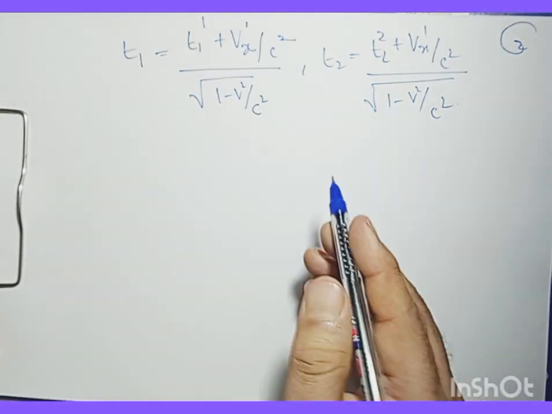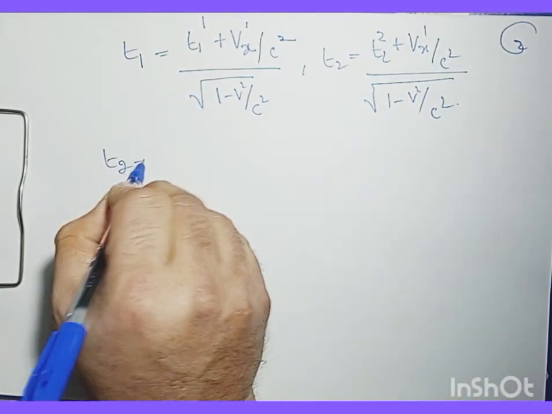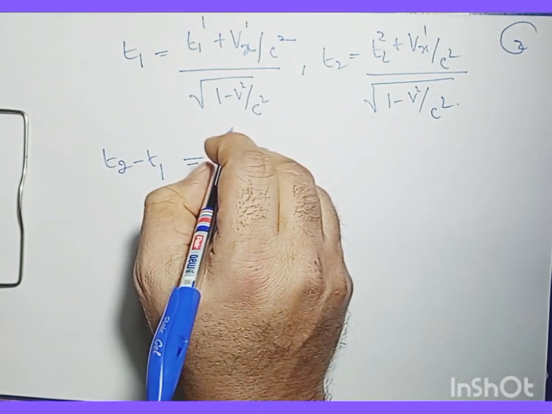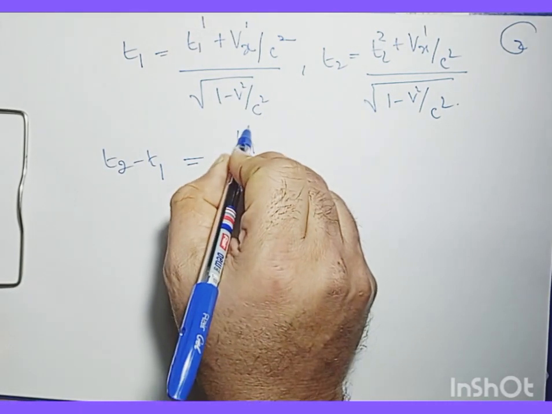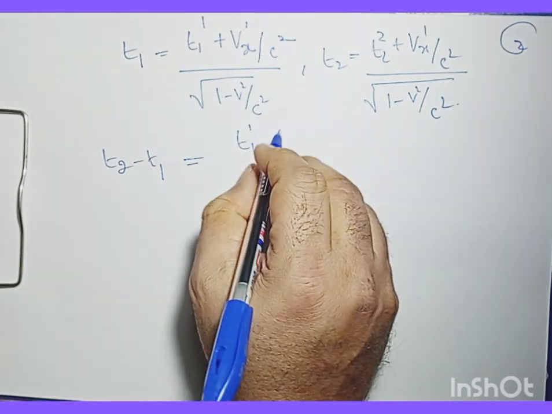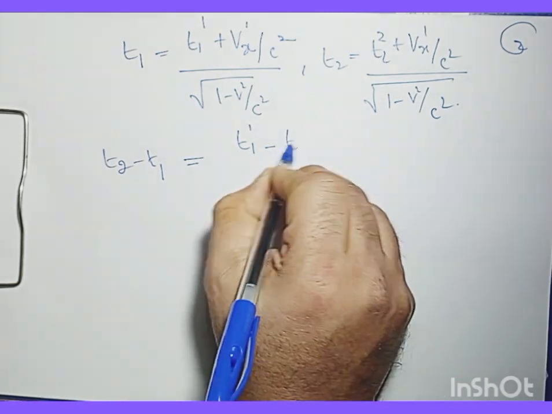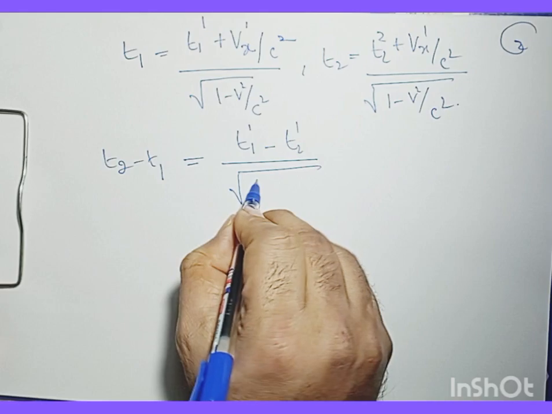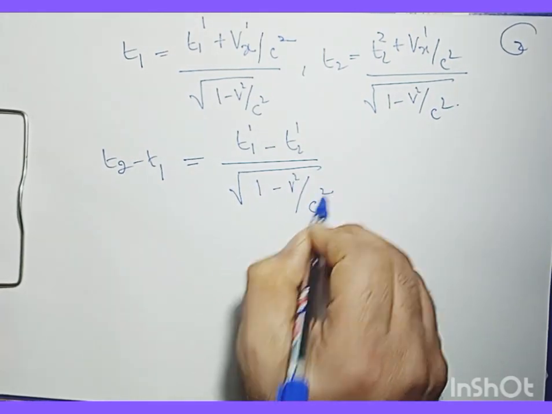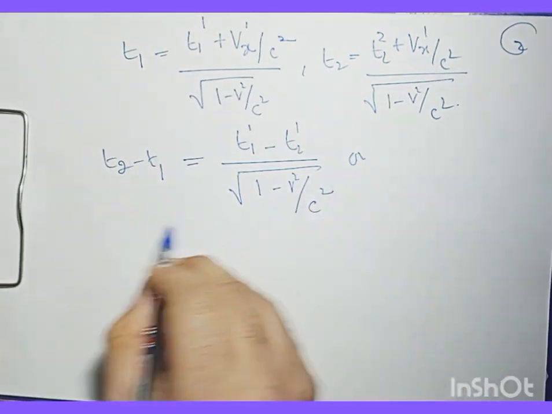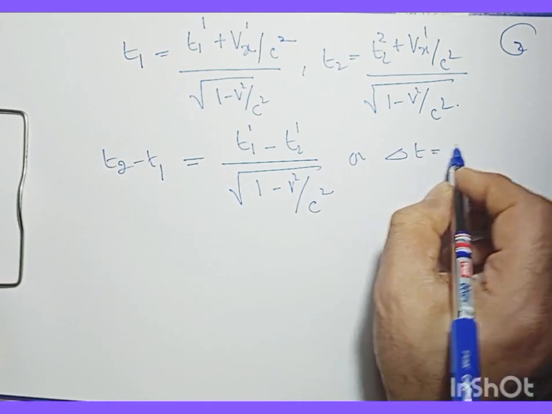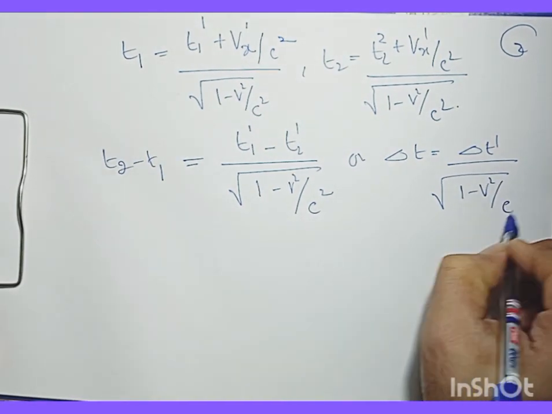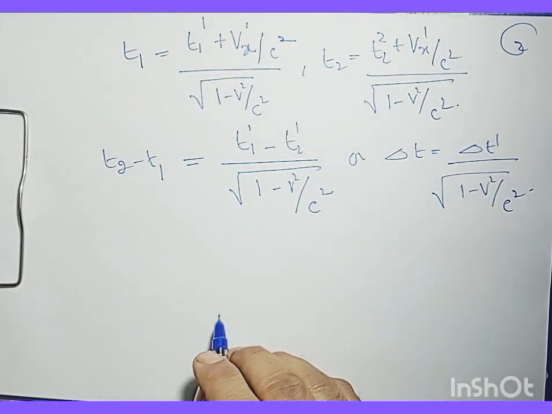Now we simply subtract the two. So T2 minus T1 will come out to be T2 dash minus T1 dash divided by under root of 1 minus V square by C square. Or I can simply say delta T is delta T dash by under root of 1 minus V square by C square.